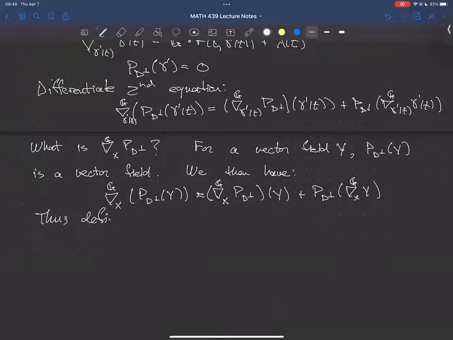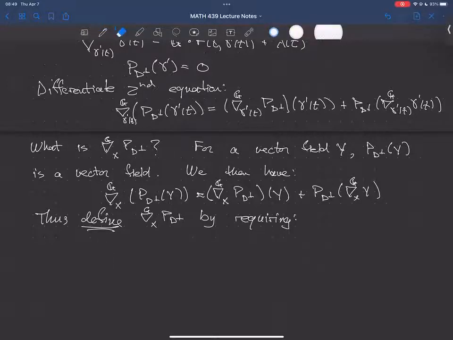So we define nabla G X P D perp by requiring that nabla G X P D perp.